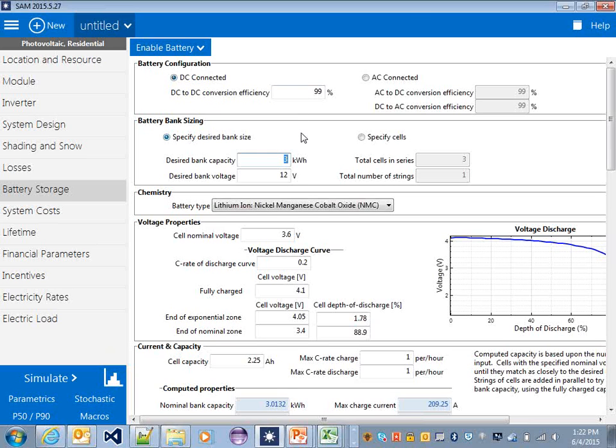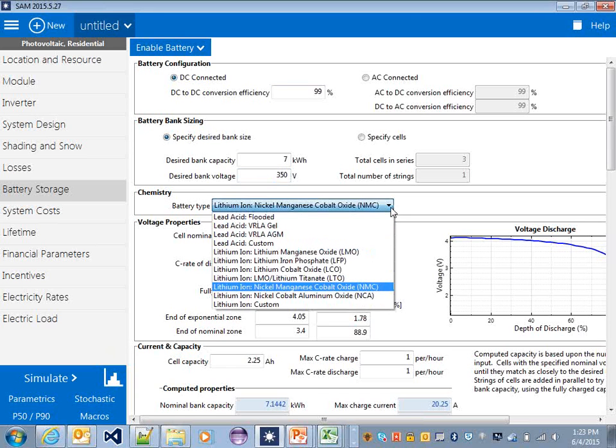Some popular battery systems that have come out lately have a 7 kilowatt-hour daily cycle battery and about, say, 350 volts, lithium-ion, nickel manganese cobalt oxide.